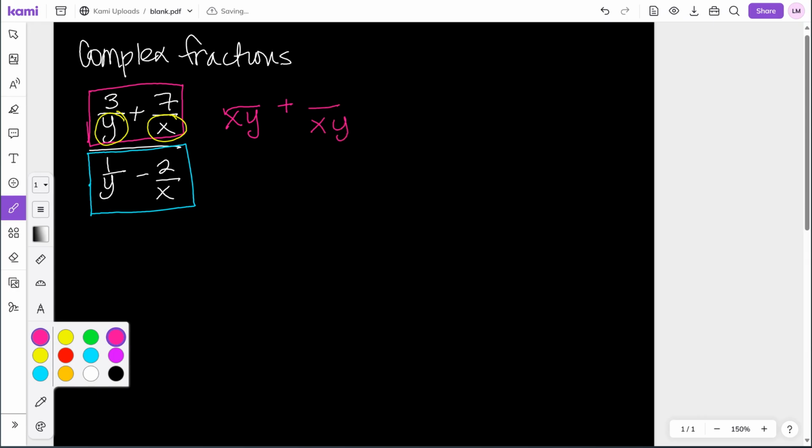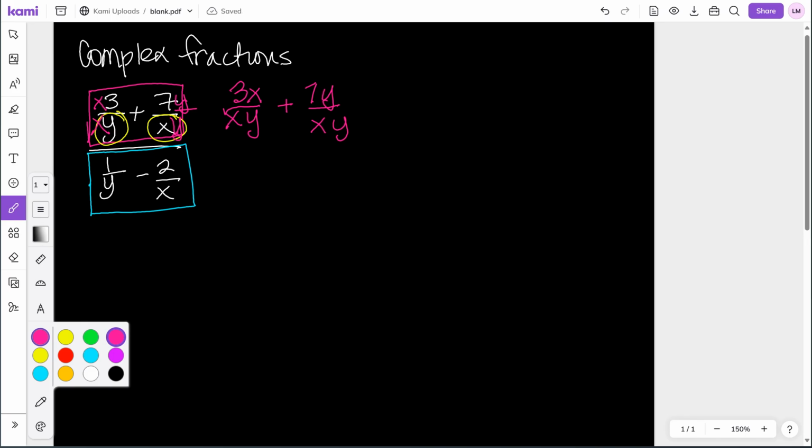I was missing an x from the first fraction, so I'm going to put an x here and an x on the top. So x times 3 is 3x. And for the second fraction, I was missing a y. So I'm going to multiply top and bottom by y. And so 7y on the top.